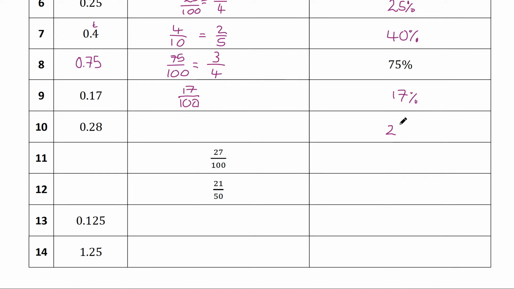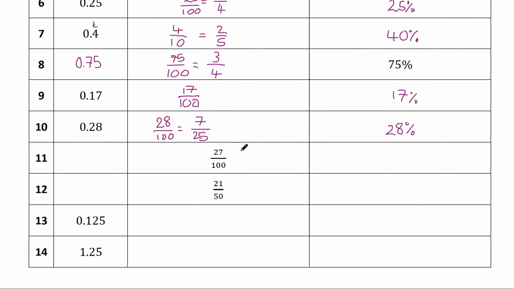0.28 would be 28%, so 28 hundredths, using either fraction or decimal together, percentage or decimal, and we can divide both of these by 4, and that gives me 7/25.